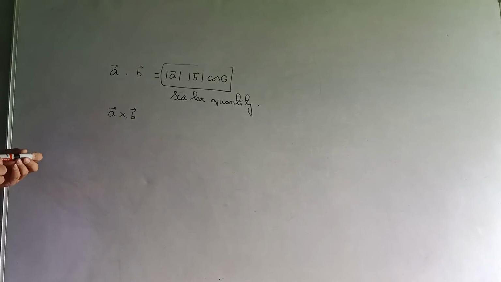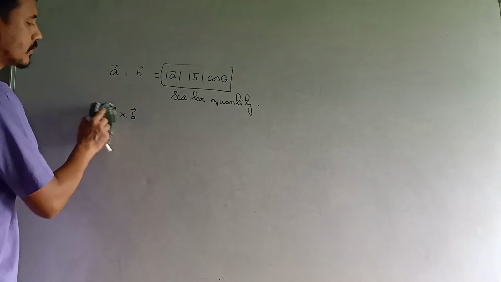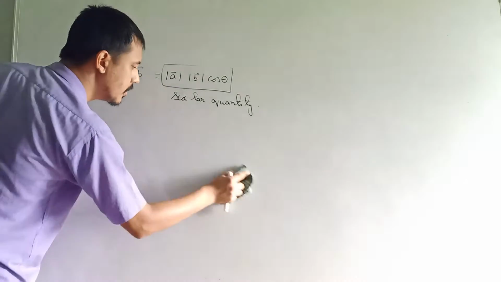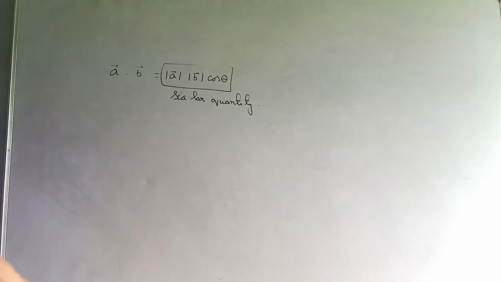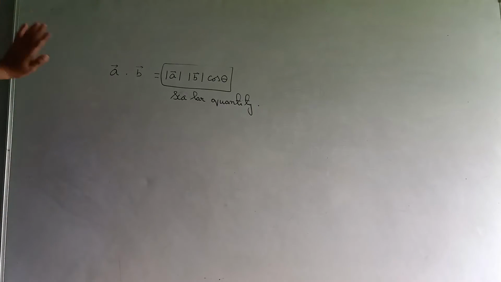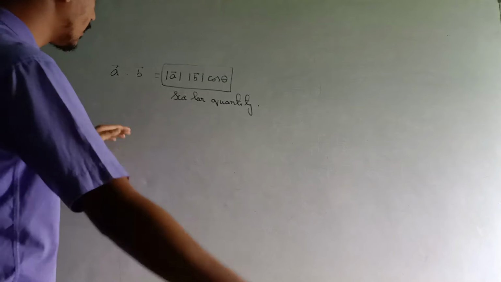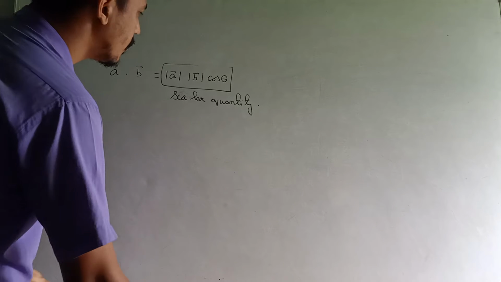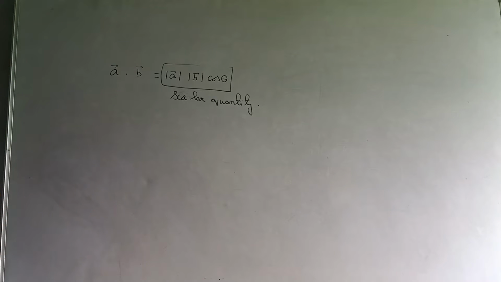This A cross B we will come to later, not now. So we'll just focus on this A dot B, which we have learned and are again going to learn, doing more applications on this.